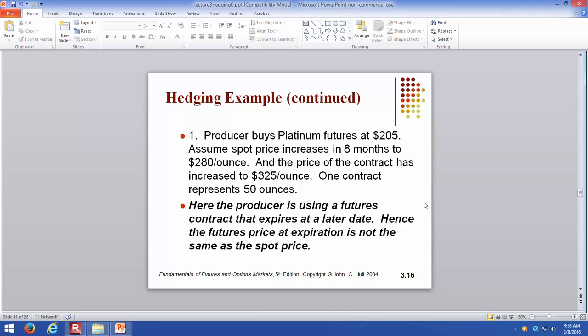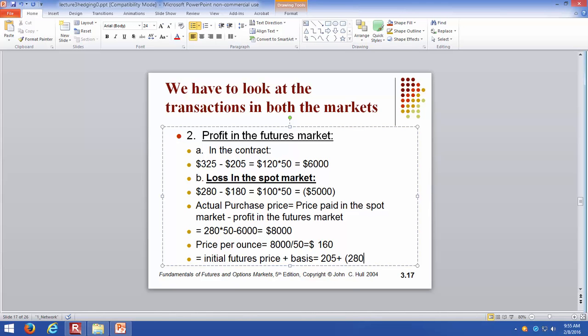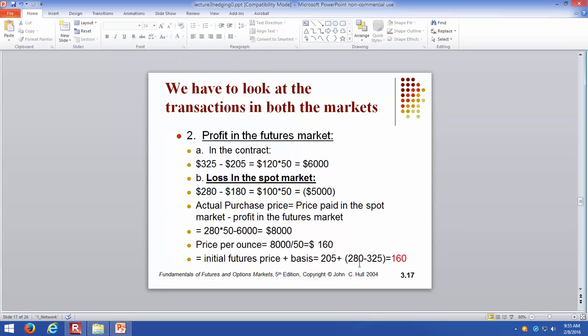So the spot price is 280 minus 325. Okay, so you can either use the formula or you can do it in two steps. That is, find out the futures market initial price plus the basis at time t equals 2. That's a straightforward answer. Or we can assume that he goes to the market, buys it at 280, and he closes out his futures position.